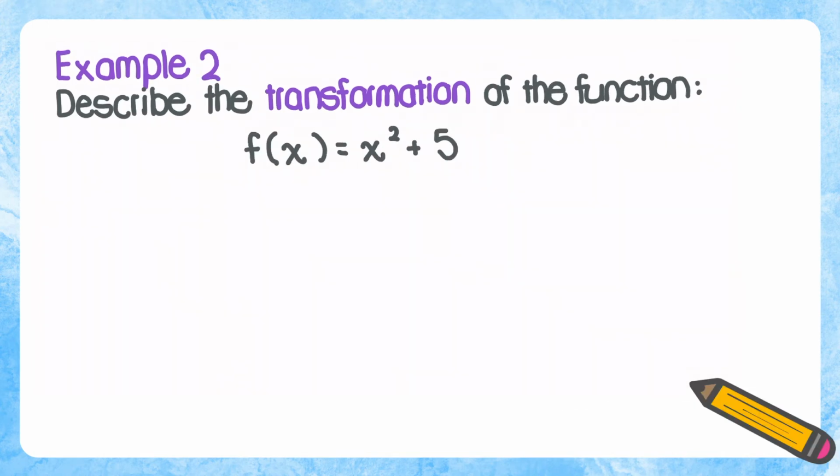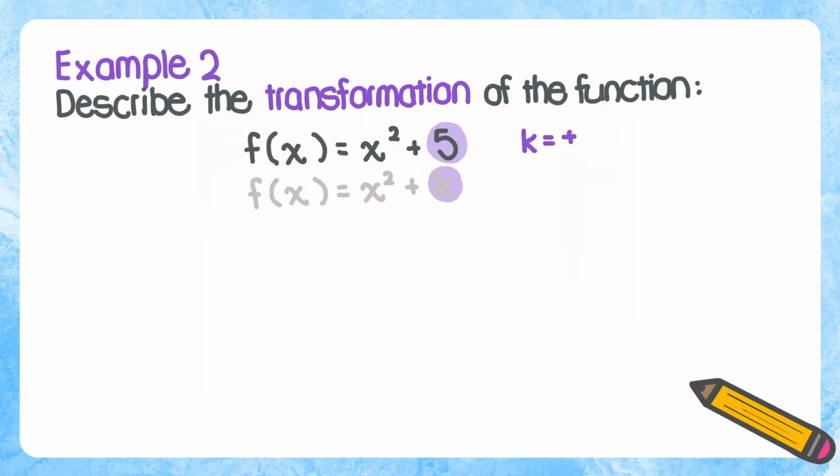For example 2, we will describe the transformation of the function f of x equals x squared plus 5. Our general form for this lesson is f of x equals x squared plus k. We have an exact match and k is replaced by 5.